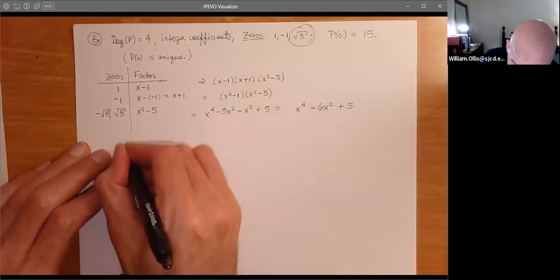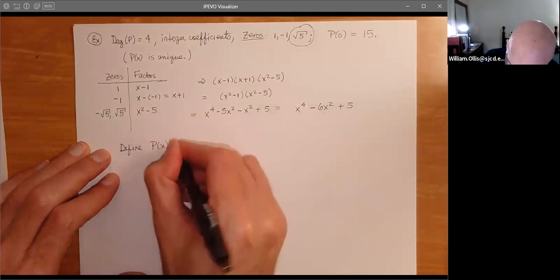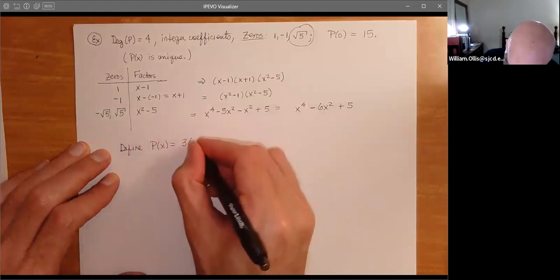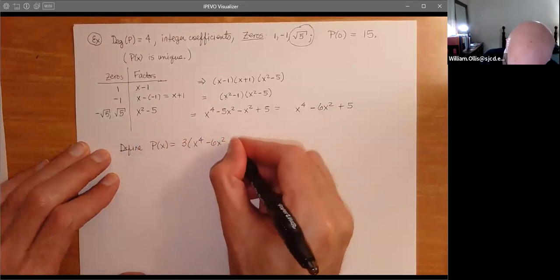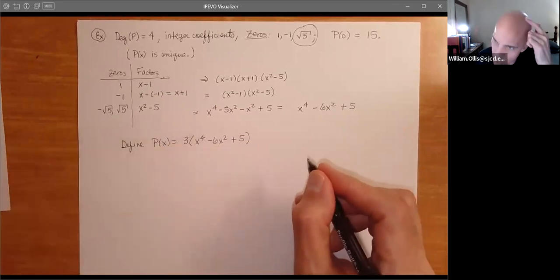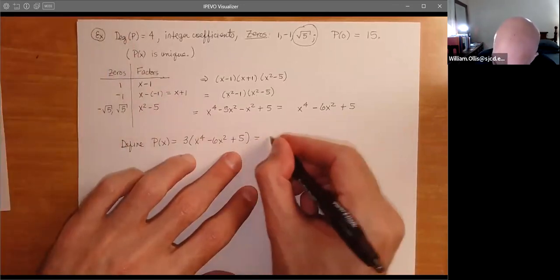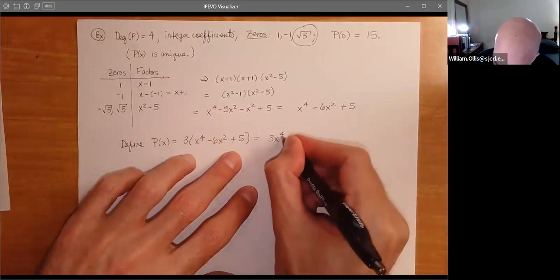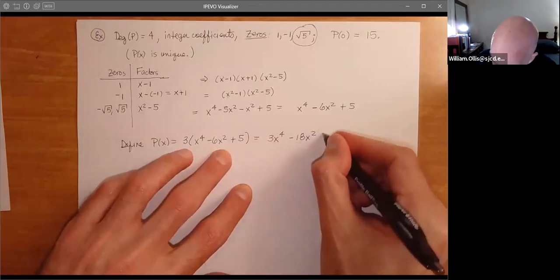So we define p of x to be 3 times x to the 4th minus 6x squared plus 5. Again, you can do this by complete factorization, the linearization, or you can do it this way, trial and error. And so that'll just give us 3x to the 4th minus 18x squared, and then plus the 15.